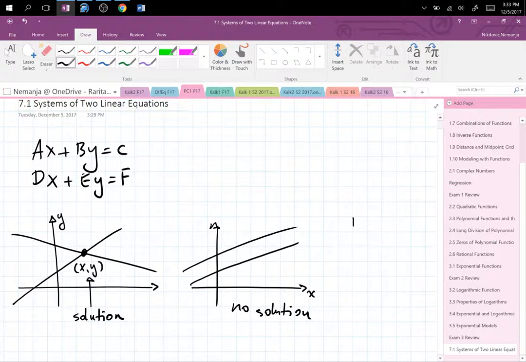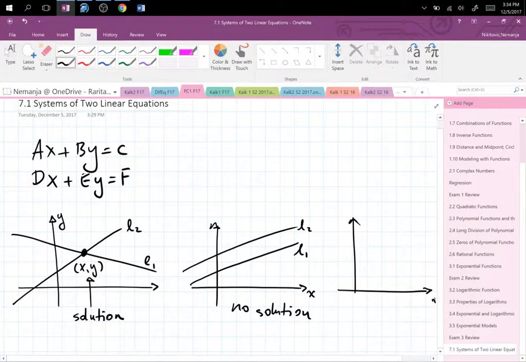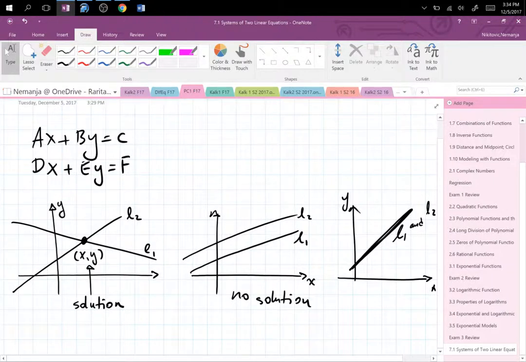And then the third case is when these lines go on top of each other, line 1 and line 2 on top of each other, and that's when we have infinitely many solutions, because these lines intersect at every point, so at infinitely many points.